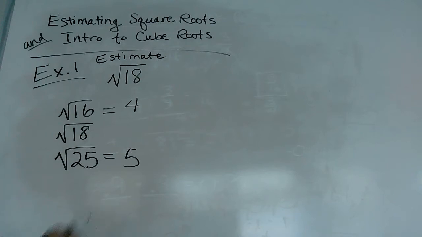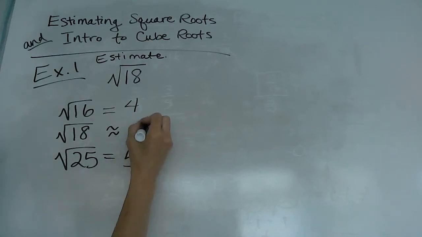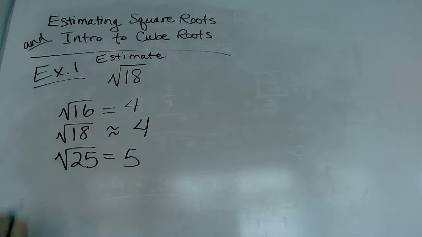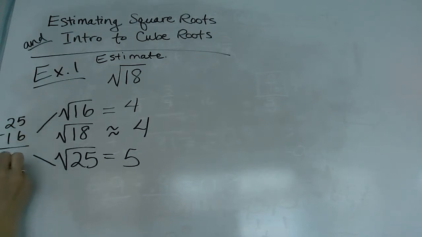And what you can do is even go as far as approximating it using a fraction. So we know it's going to equal 4 and some part of a number. And what you could do then is look at the distance between 16 and 25. So if you take 25 minus 16, that gives you 9.